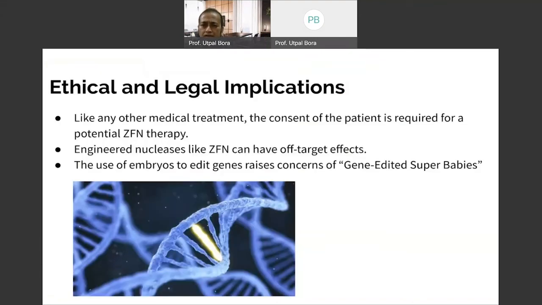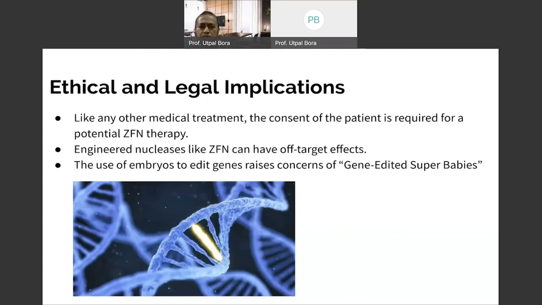Then another important thing is, of course, the ethical and legal implications. Like any medical treatment, the consent of the patient is required for a potential zinc-finger therapy. Not only that, there has to be a huge amount of data about the trials in different systems, different animal or other such systems, and only then will you be given permission by a regulatory authority to try out in human trials.